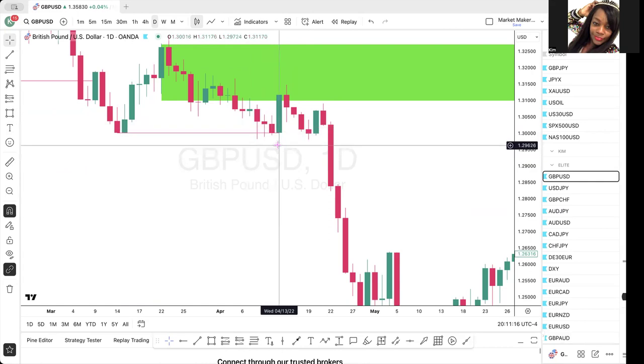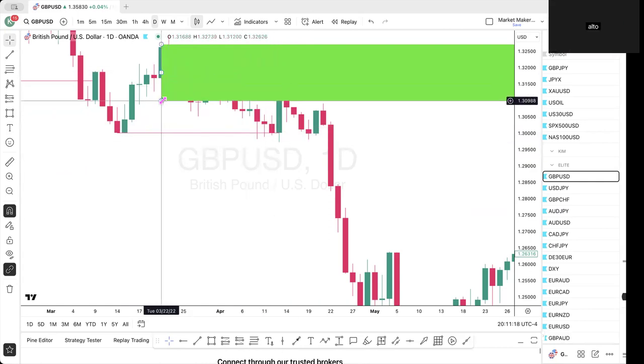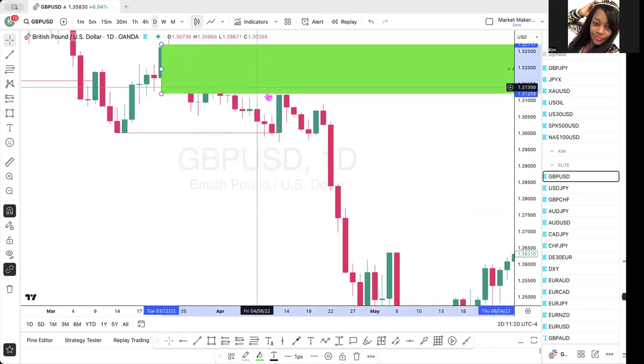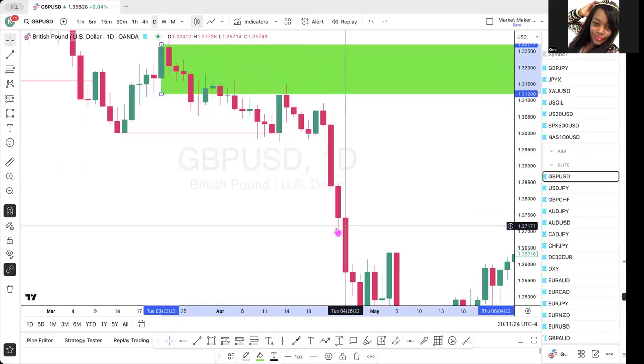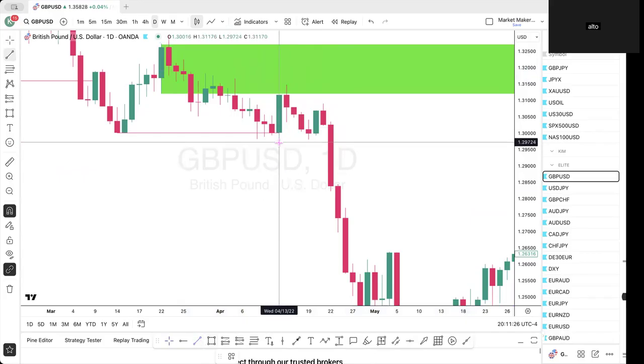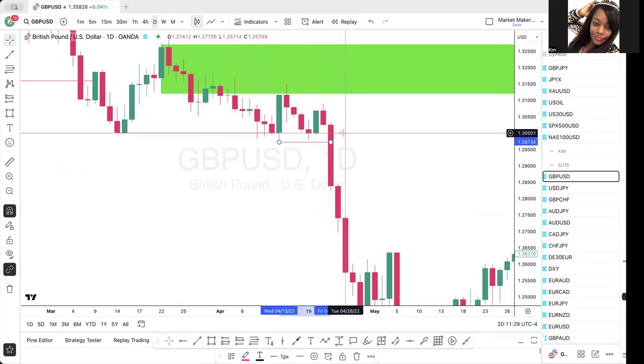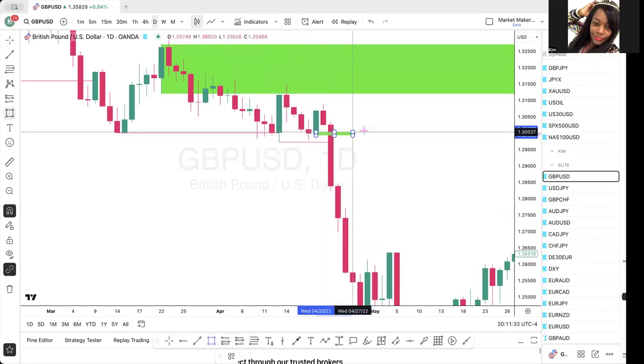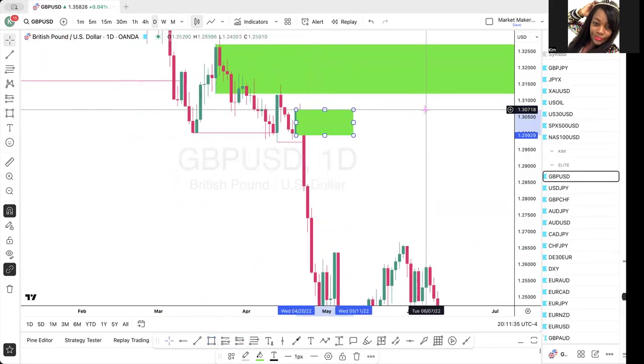So now we've already marked up the zone, right? Price pulled back into it and sold. Once you get here, the only one I can see right now is this one here. Did price pull back into it?